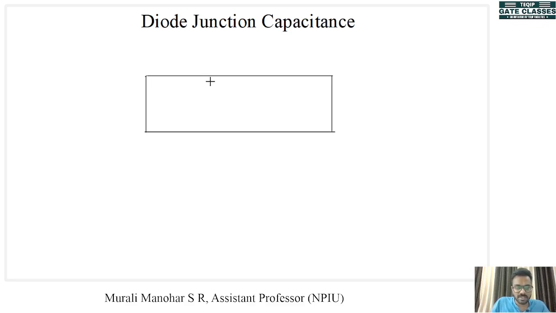I am drawing an exaggerated junction just for understanding. So this is the junction, this is our p type material, this is our n type material, here we have our leads, right? This is the junction.